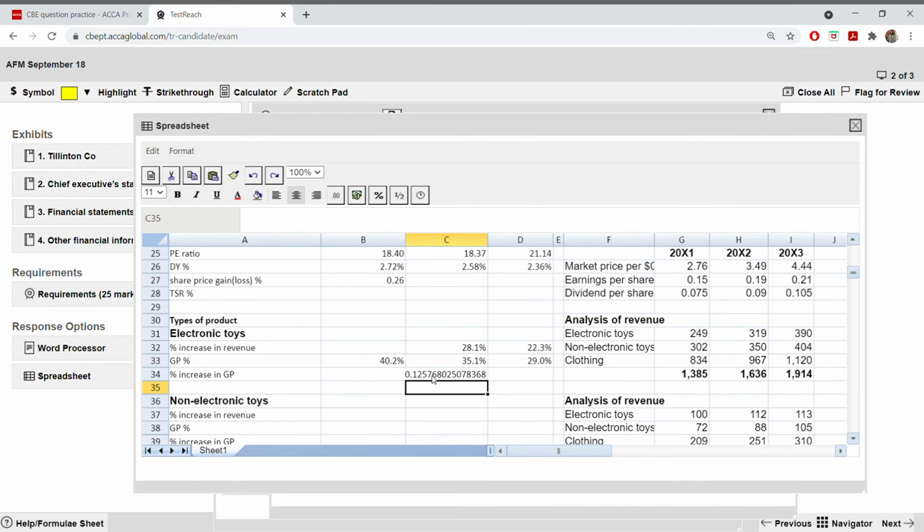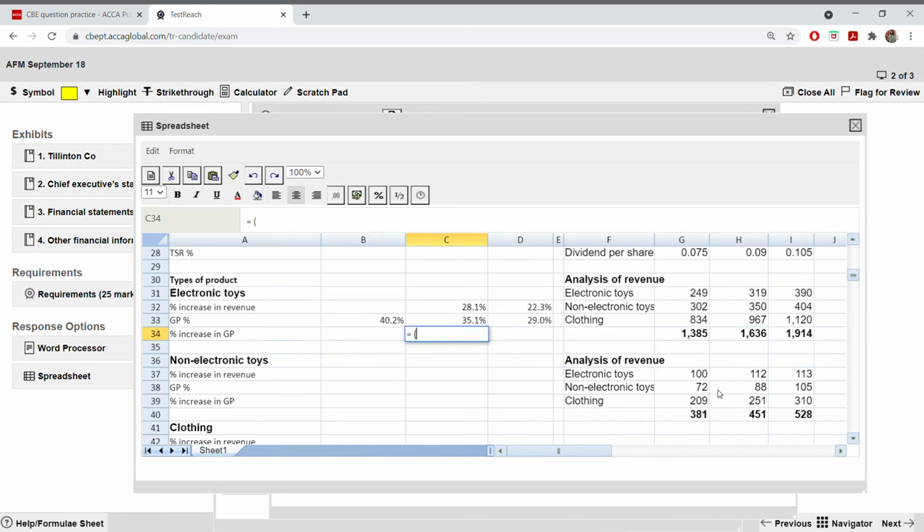It will be 12%. Just take it in terms of percentage, 12.6%.